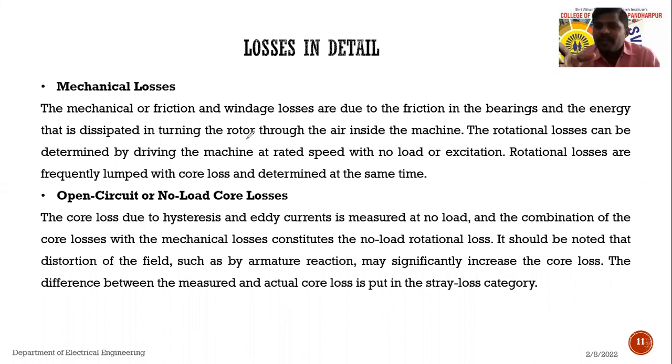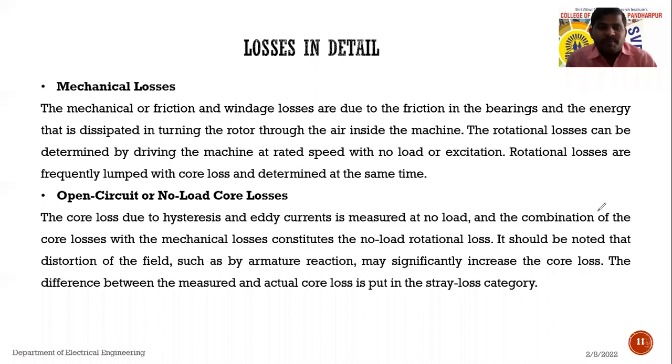If the bearing is rough, the friction will be more. If the bearing is smooth, the friction will be less. If the bearing is damaged or broken, it will affect the noise also, so the noise may increase.